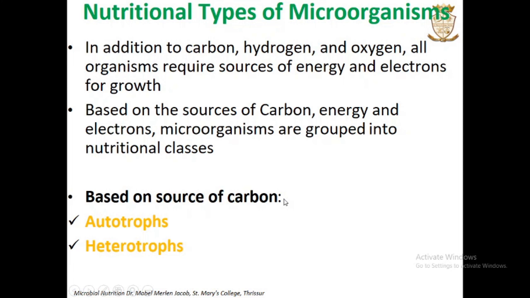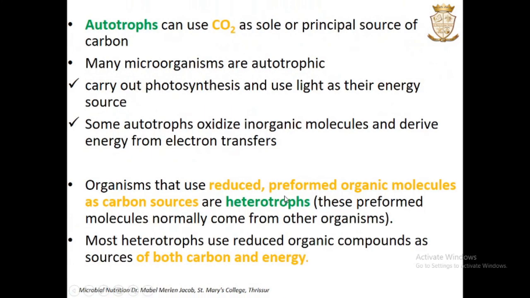In addition to these nutrients, carbon, hydrogen, oxygen, microorganisms also require energy source and electrons for growth. Based on the sources of carbon, energy and electrons, we have different nutritional classes of microorganisms. First, we start with carbon. Based on the source of carbon, microorganisms can be divided into autotrophs and heterotrophs. Simple definition: autotrophs can use carbon dioxide as the sole or principal source of carbon.